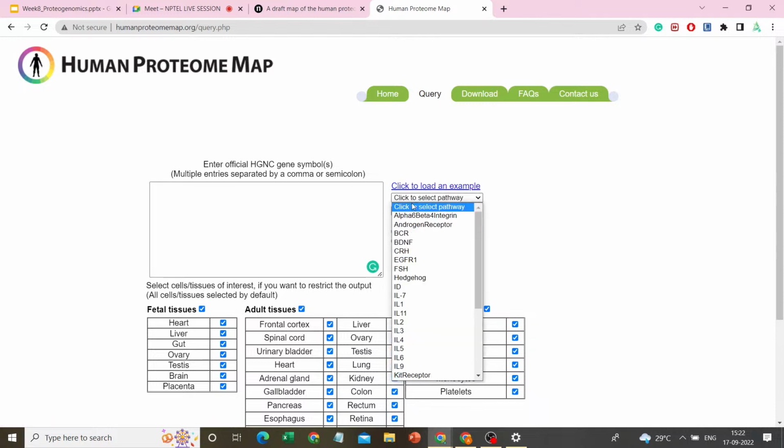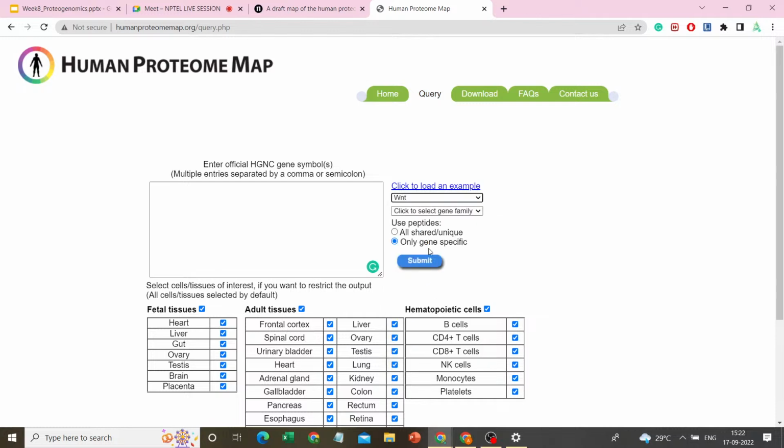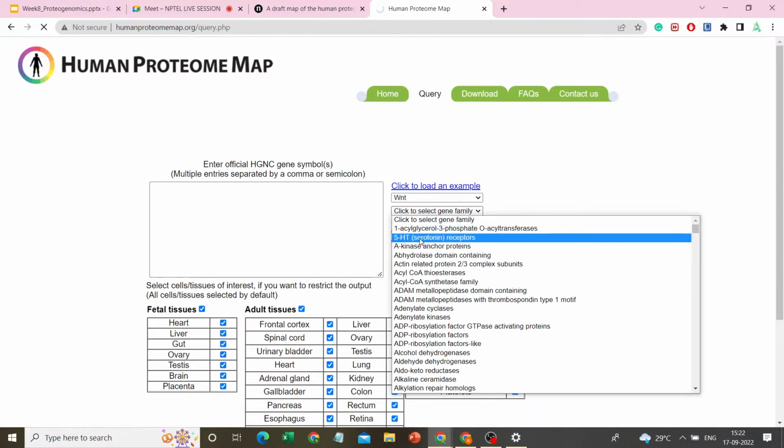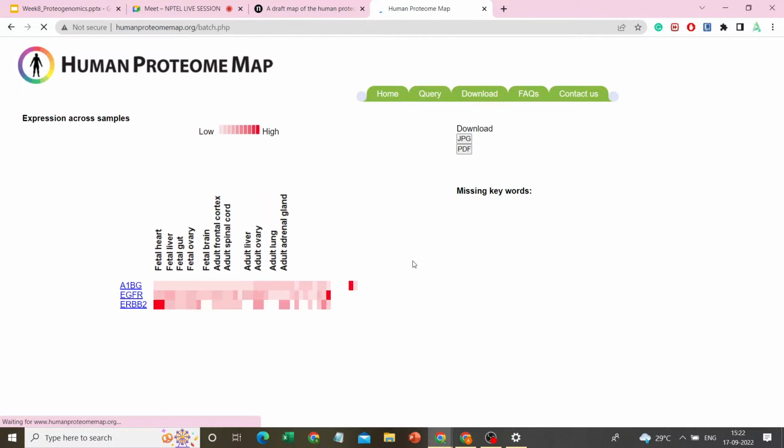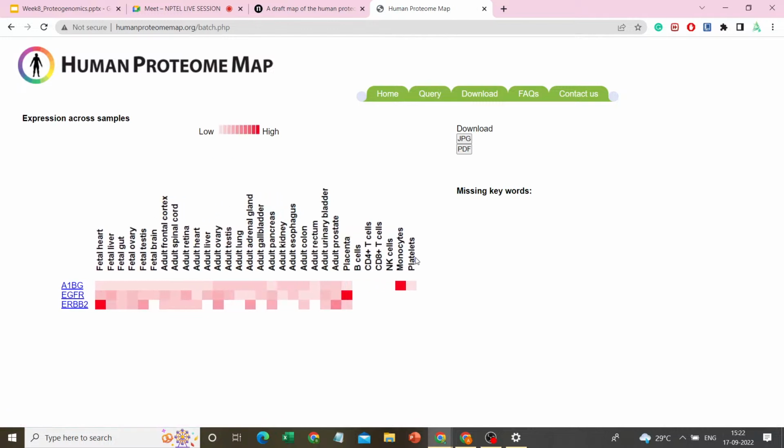If we go and search WNT, you can see the different genes and the different expression levels, which is not present in which cells, and here what is the low to high expression across the samples.